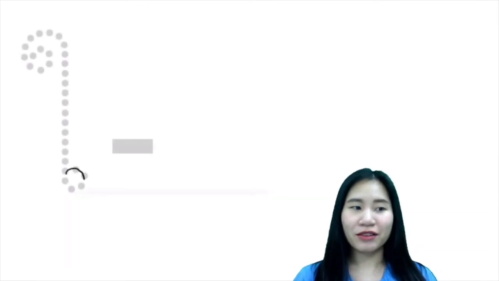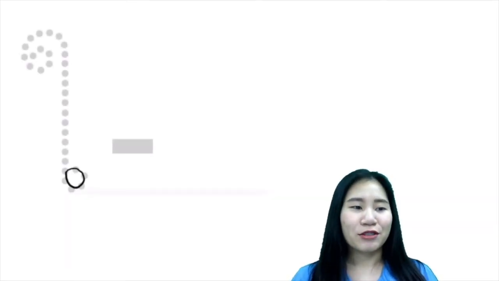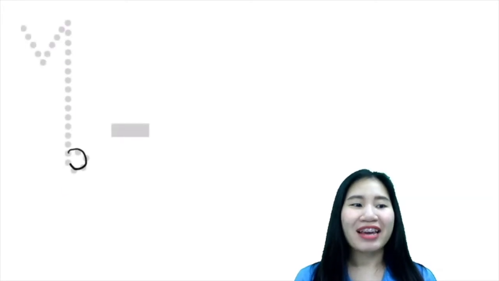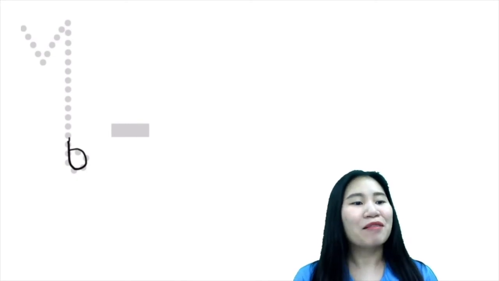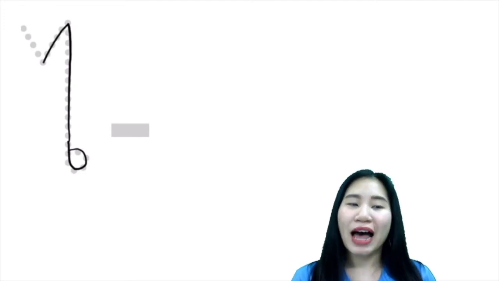Start from the circle and then go straight up. And when you reach the top, you go to the left and get the squirrel tail. For Harry Potter I, you also start from the bottom and then go straight up. And when you reach the top, you go to the left and then go up again.